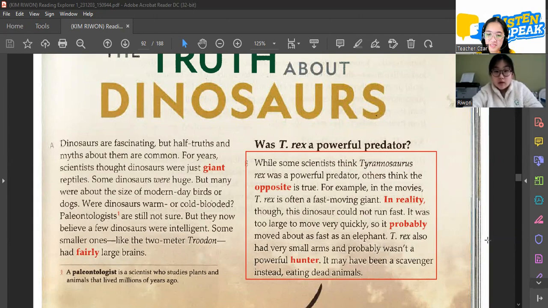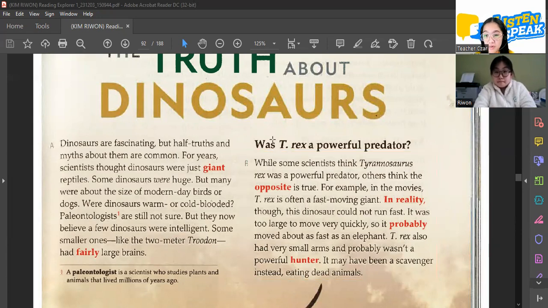It was too large to move very quickly, so it probably moved about as fast as an elephant. T-Rex also had very small arms and probably wasn't a powerful hunter. It may have been a scavenger instead, eating dead animals.